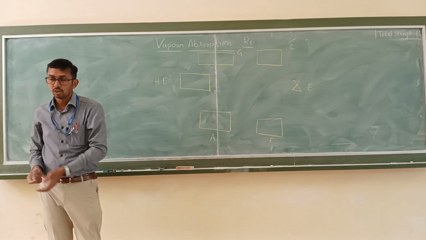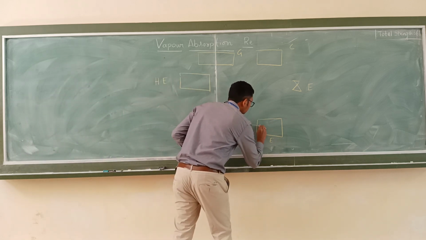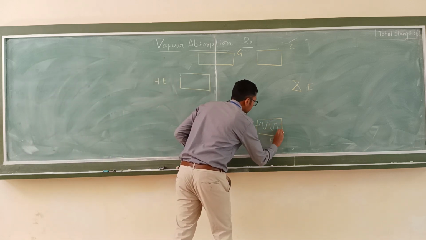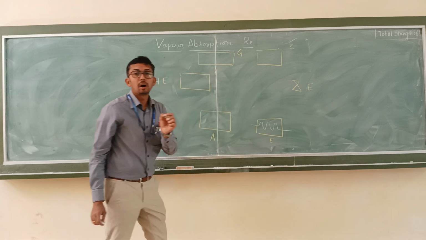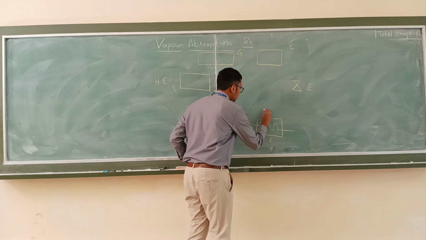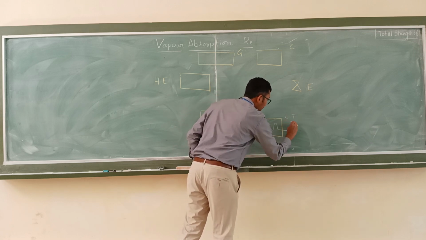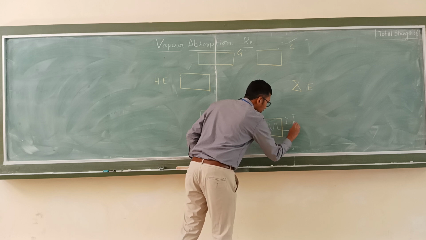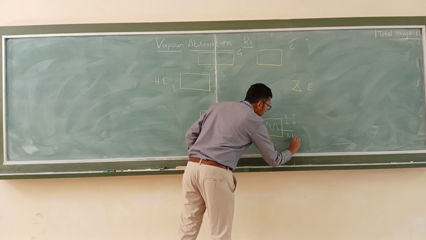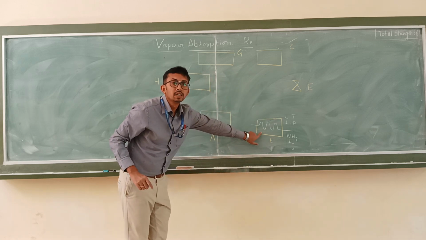Is it clear? Okay, so let us consider liquid ammonia. What kind of ammonia is this? It will be low temperature, low pressure liquid ammonia, and it is in the evaporator.